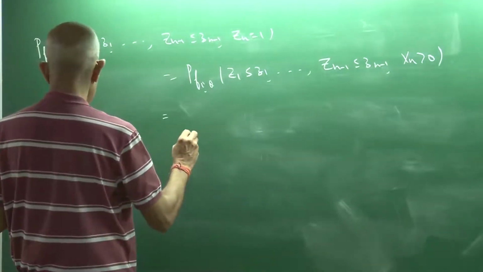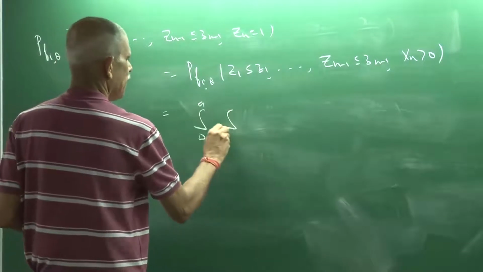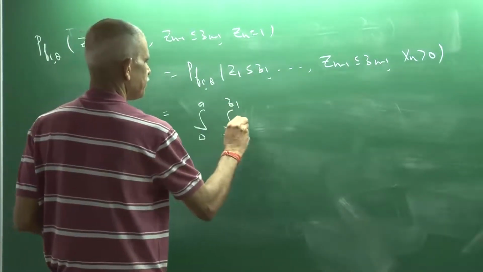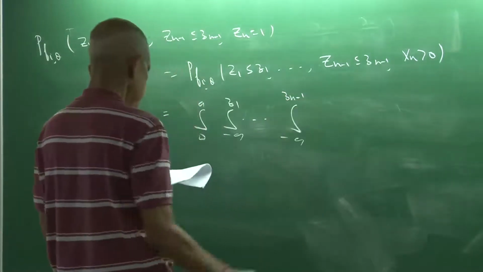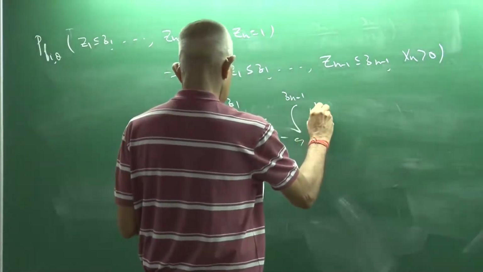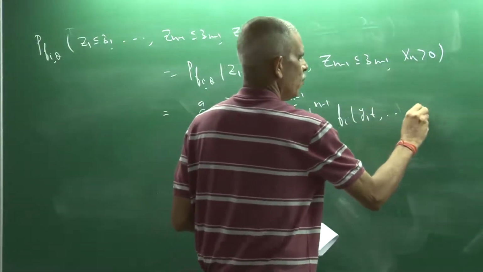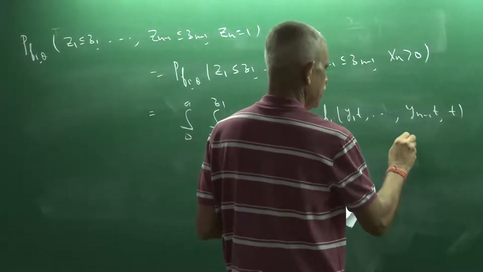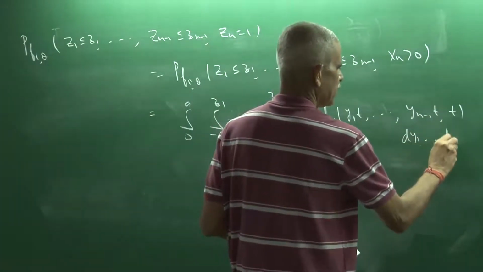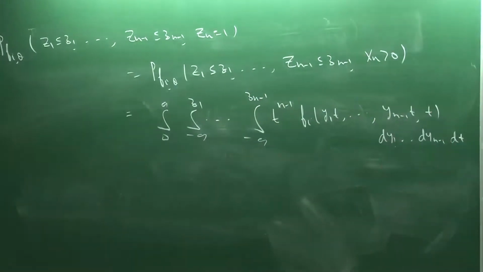So this is the same as 0 to infinity, minus infinity to z1, minus infinity to zn minus 1, t to the power n minus 1, Φ(y1 t, ..., yn minus 1 t, t) dy1 ... dyn minus 1 and dt. There would be dy1, dy2, ..., dyn minus 1 here also, because these integrals are there.